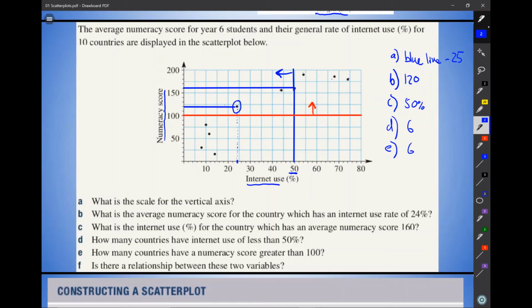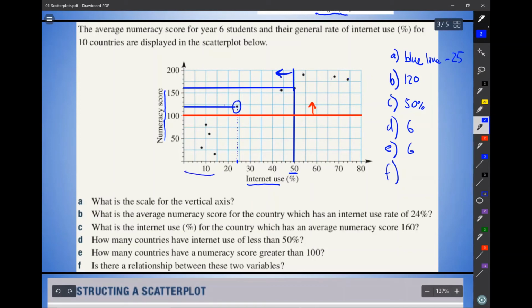Is there a relationship between these two variables? So what this question is asking us is, is there a pattern in what's happening here? And there's not a super obvious pattern in the layout of these dots.